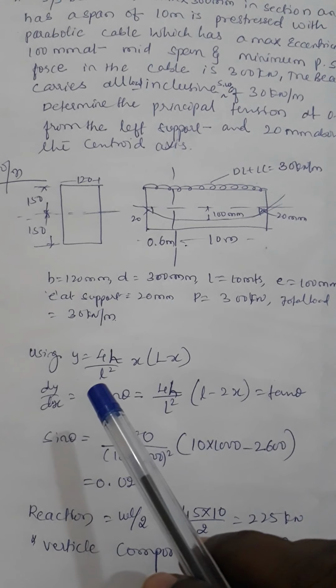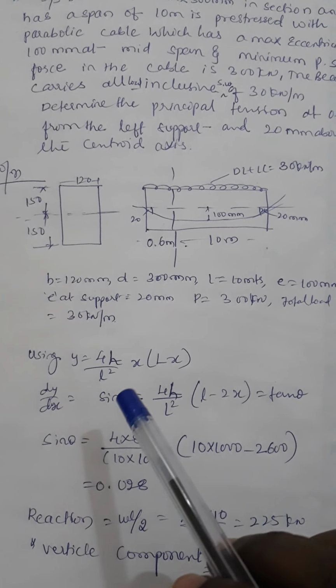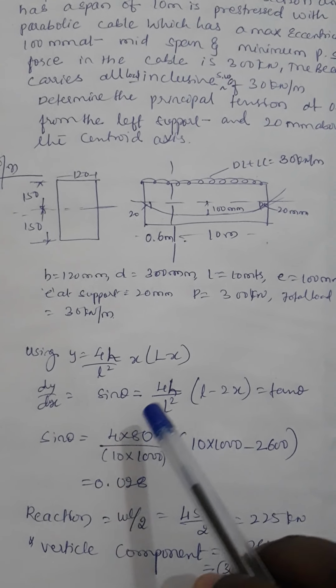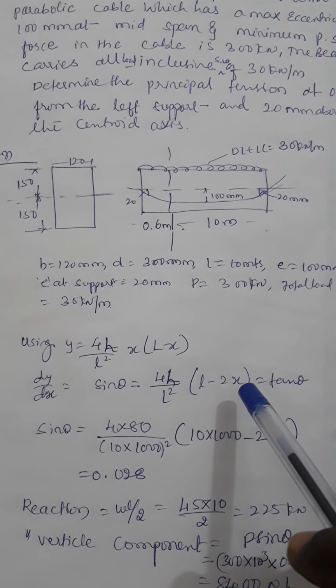So we know from previous that y is equal to 4h by L square into x into (L minus x). So dy by dx, which is sin theta, is 4h by L square into (L minus 2x).